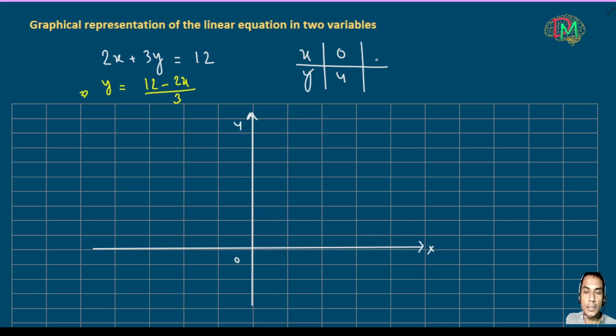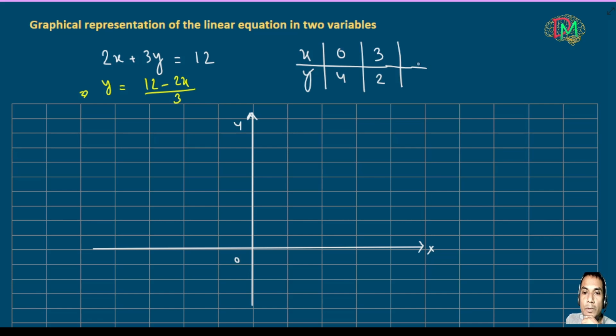If x is equal to 1, it will be 10 by 3, a fraction value.